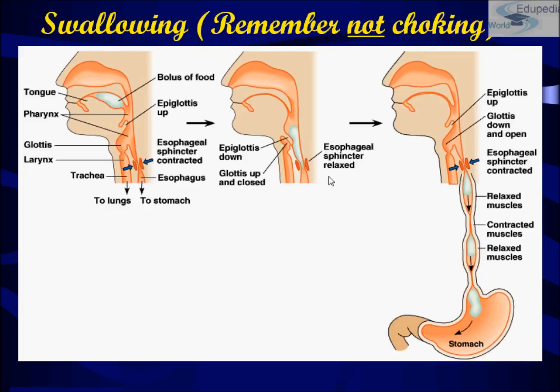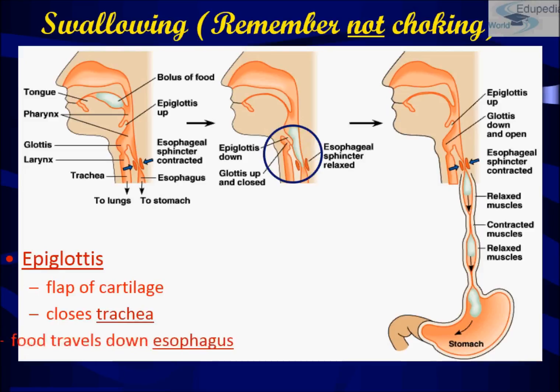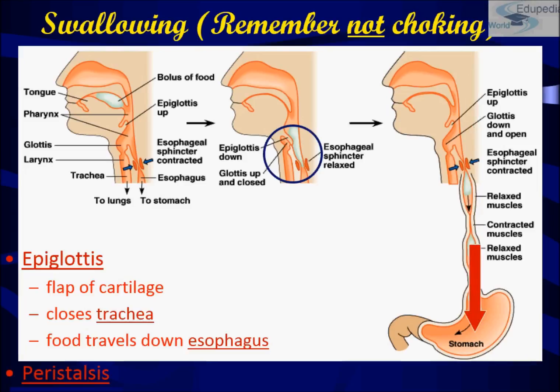The epiglottis is a flap of cartilage, and it closes the trachea because it can interfere with your breathing process also. And food travels down the esophagus, then peristalsis, in which involuntary muscle contraction takes place, moves the food along to the stomach. I hope it's clear to all of you from this illustration.